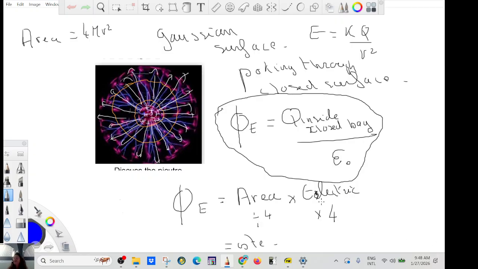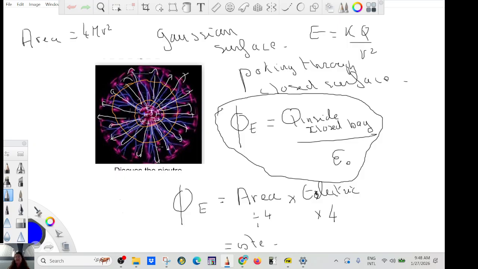But the electric field is multiplied by 4 because of the inverse distance squared, the inverse square law. You with me on that? So you multiply by 4 and divide by 4, the flux stays the same. So it doesn't matter the shape of your bag, the number of lines poking through will not change.